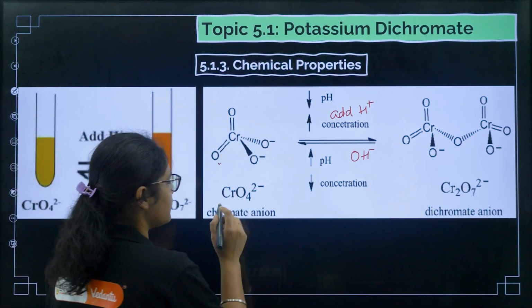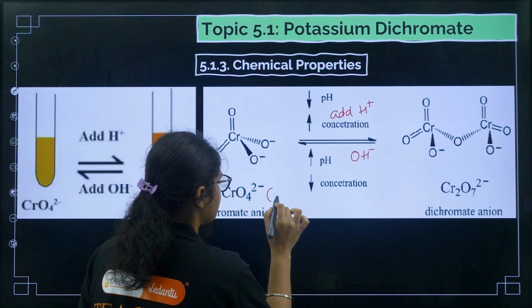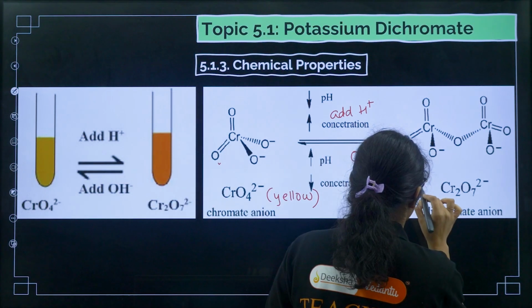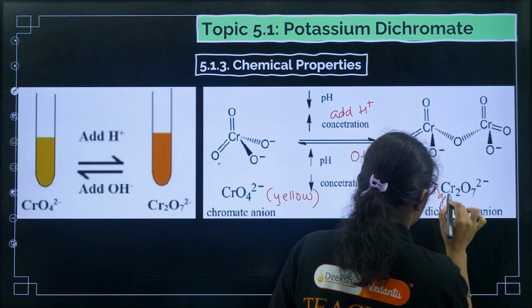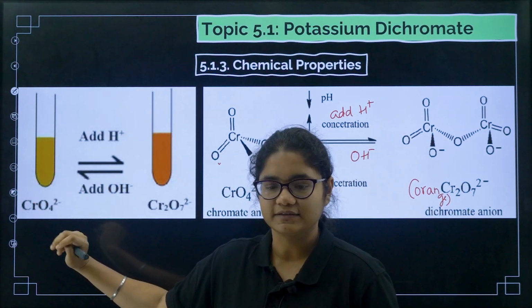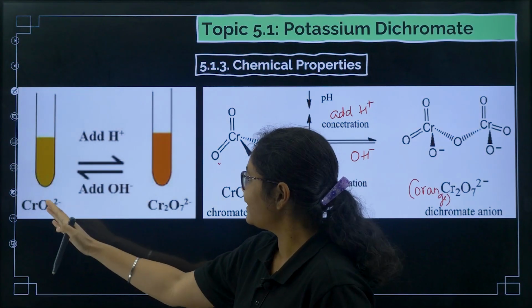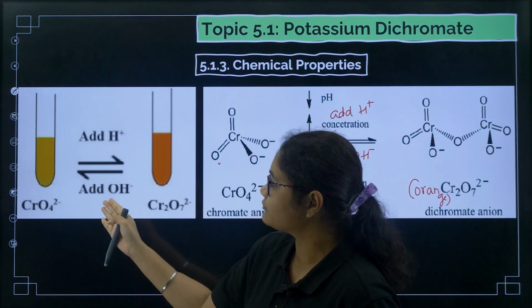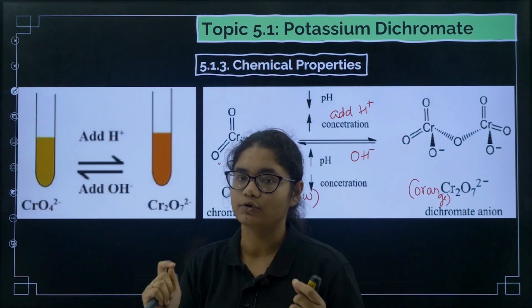Now if you want to know the color also, you should remember chromate is yellow in color and dichromate is orange in color. Okay, so that is what you can see here also. So I hope this is clear. For chromates, if you add H plus, it gets converted to dichromates, and for dichromates, if you add OH minus, it gets converted to chromates.